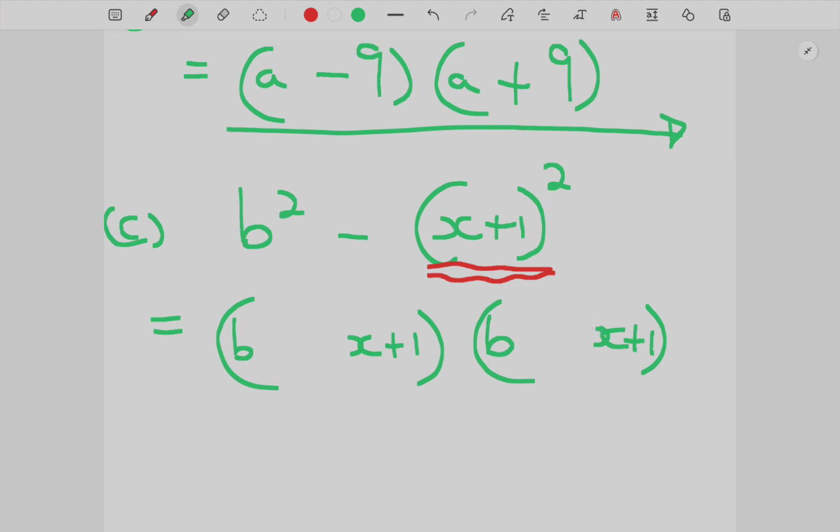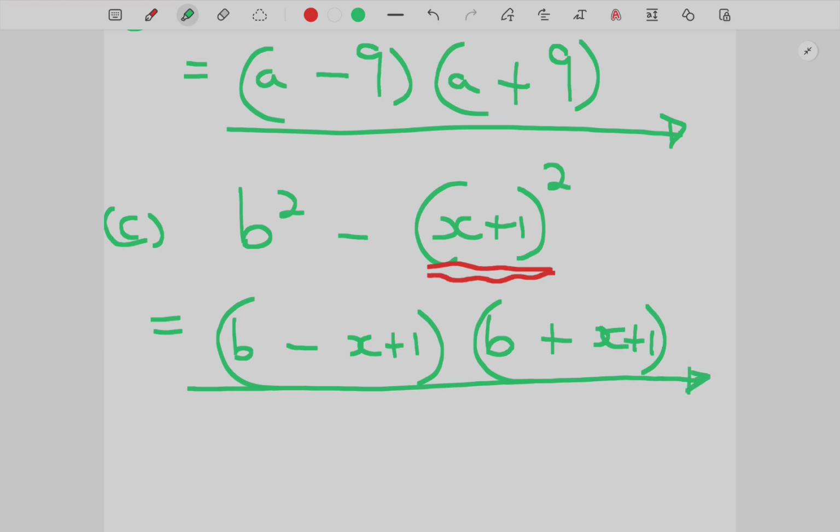But because it's a negative (x plus 1) all squared, one bracket is going to carry a negative. So it's going to be b minus (x plus 1), and the other bracket is going to be b plus (x plus 1). So this is the answer.